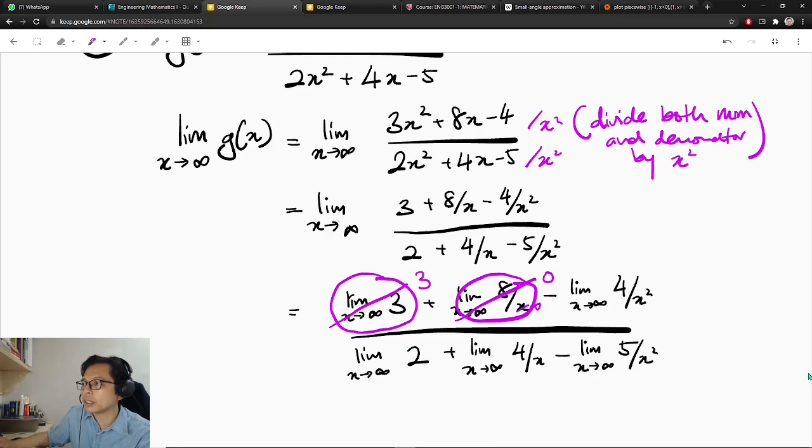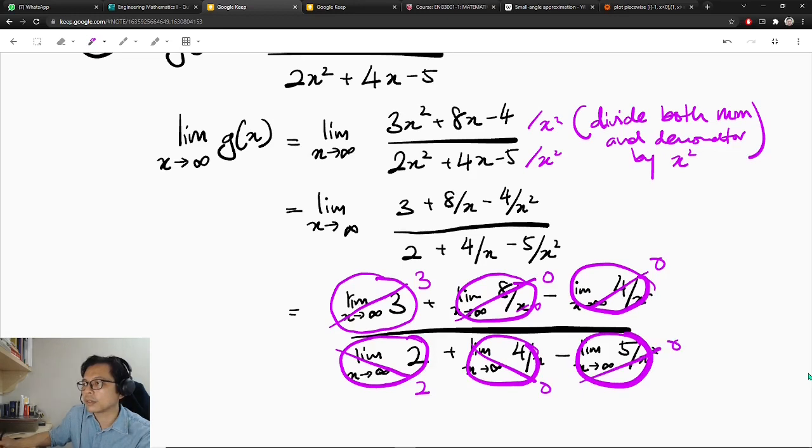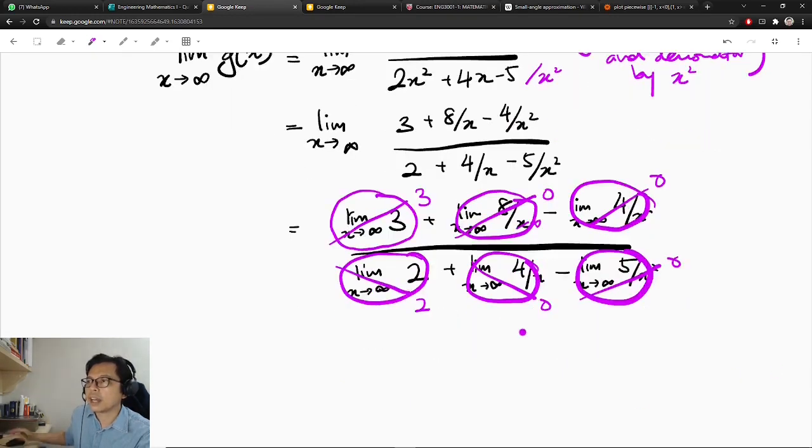Down here is going to be infinity times 2, a really big number, so this one is 0. Similarly, this one, because there's no x in it, I can just write 2. Here, same reason, it's 0.